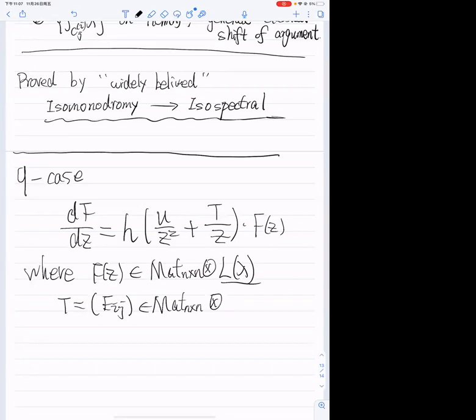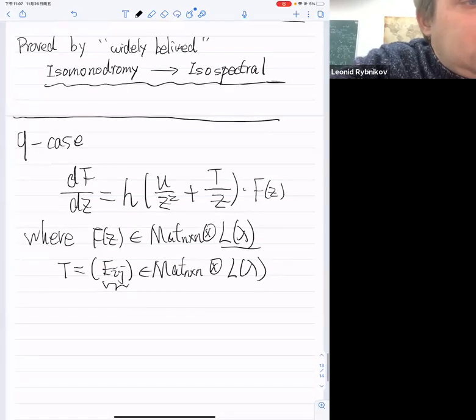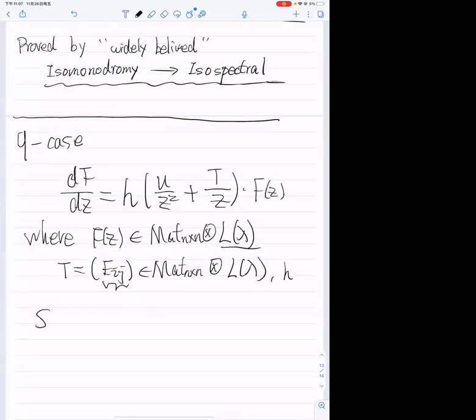Each of these E_ij are generators of U_q(gl_n), acting in the representation, and H is real valued. This T is fixed, and so this Stokes matrix is now an n by n matrix with each entry valued in the endomorphisms of U lambda.